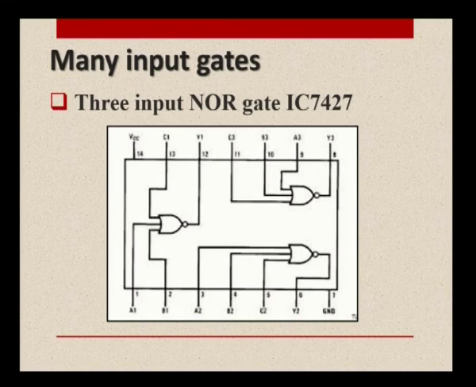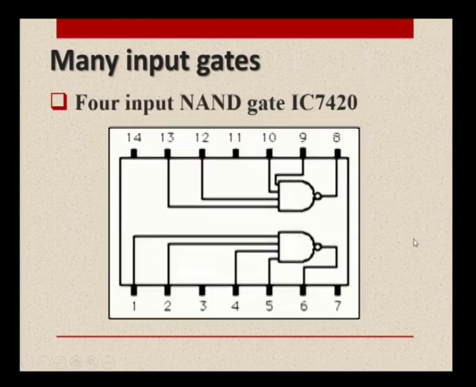But here, because there are 3 inputs, we are restricted to only 3 gates. So, we have to sacrifice the number of gates if we want to accommodate many such inputs, and this is a 4 input NAND gate.